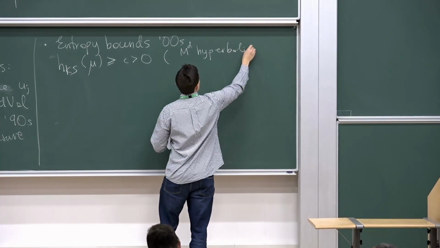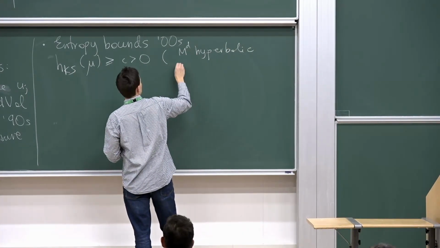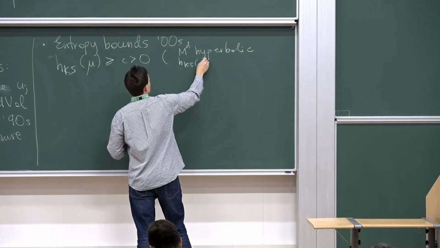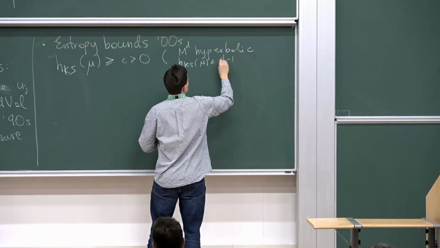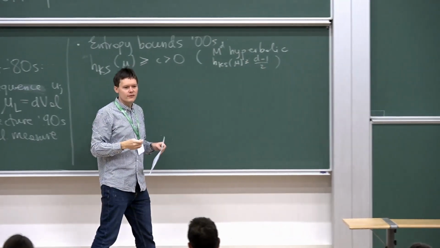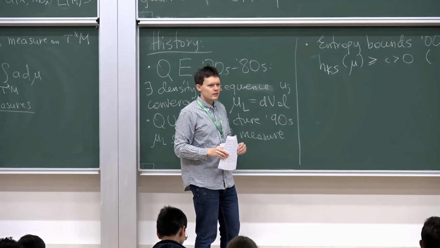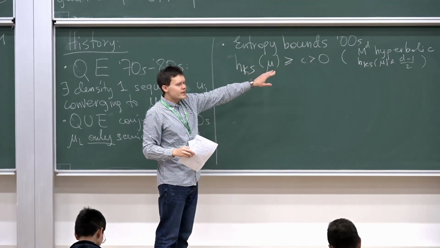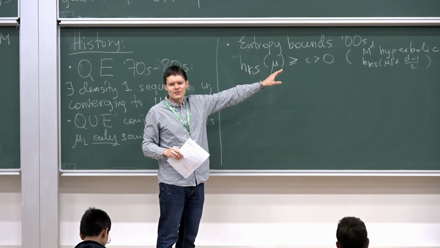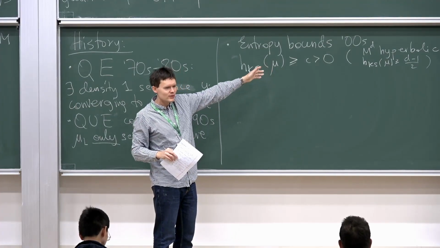If M is a d-dimensional hyperbolic manifold, what they showed is that the entropy is greater or equal than (d minus 1) over 2, which is half of the maximal entropy.